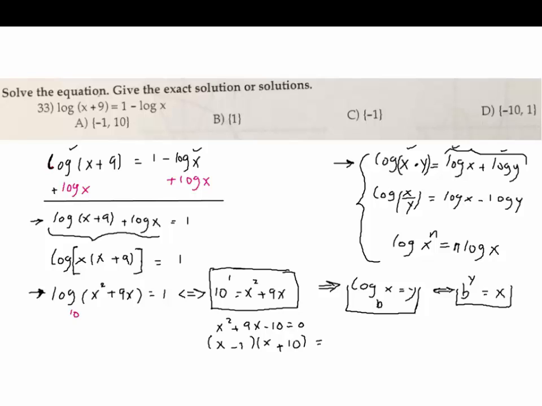So equal to 0. So it would be x minus 1 is equal to 0, x is equal to 1, or x plus 10 is equal to 0, x is equal to negative 10. So you have to make sure that you check the answers here. Log of negative 10 is not possible, so you only take the positive one.